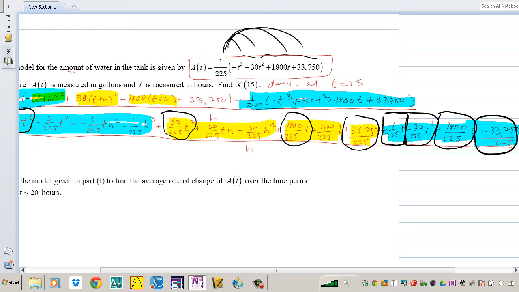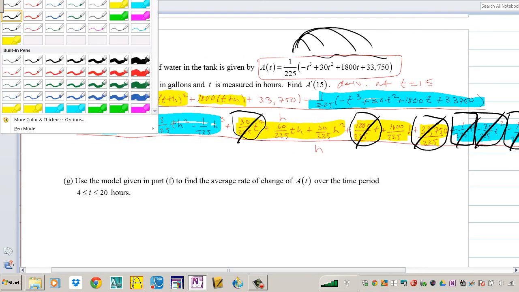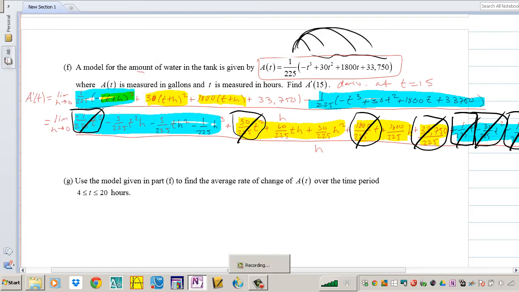Let me cancel these terms out so that I don't get lost. All of these go away. Okay, so let's rewrite the whole thing.